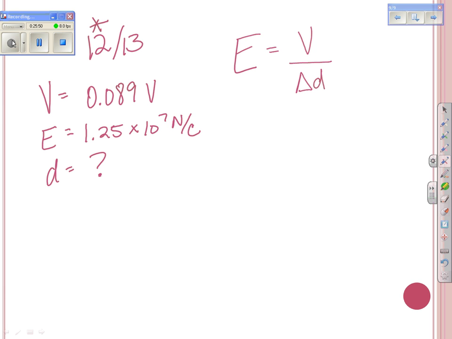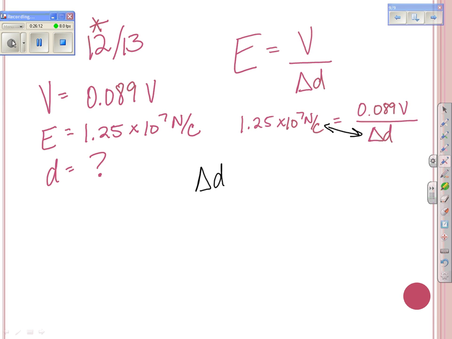We know 1.25 times 10 to the 7th newtons per coulomb equals our 0.089 volts over our change in distance, or how thick it is. When you do your math, you cross multiply or just switch positions. So we have delta D equals 0.089 divided by 1.25 times 10 to the 7th.